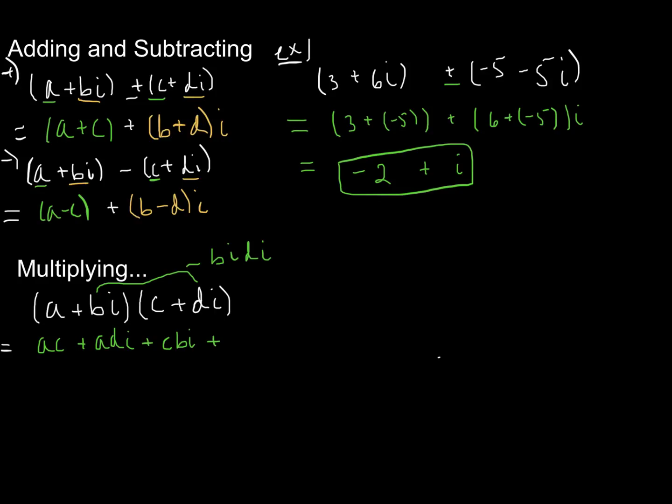The commutative property says that, for example, if you have 4 times 5, that's the same as 5 times 4. So it doesn't matter what order we multiply these in, so long as we multiply them all at some point. So let's rewrite this so that we have b times d times i times i.